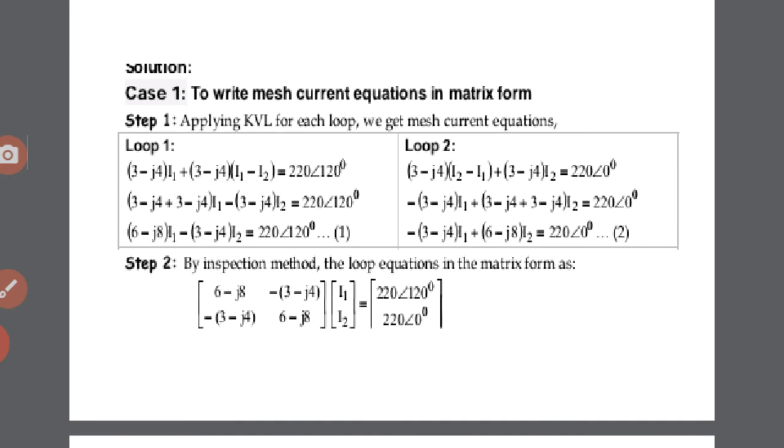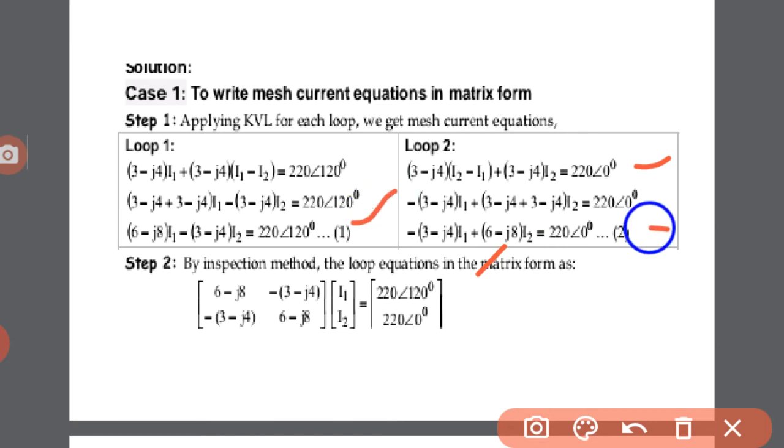Again loop 2: 3 minus J4 into I2 minus I1 plus 3 minus J4 into I2 is equal to 220 angle 0 degrees. So minus 3 minus J4 into I1 plus 6 minus J8 into I2 is equal to 220 angle 0 degrees. That is loop equation 1 and equation 2.